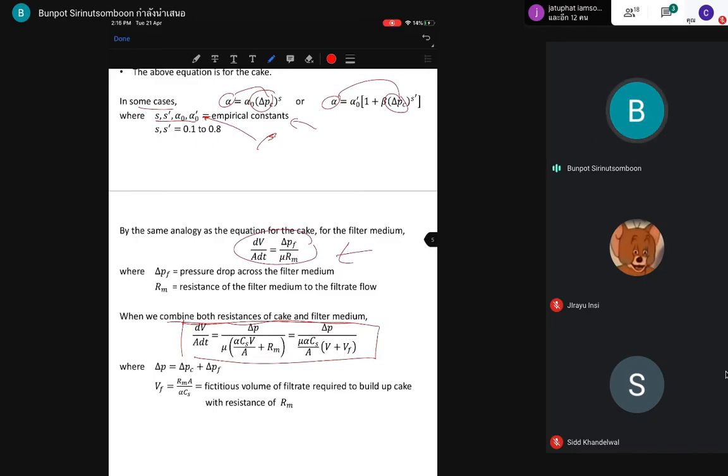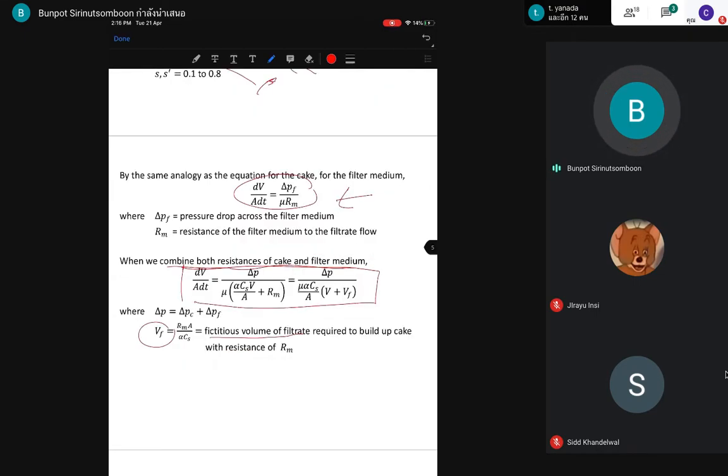There's also a fictitious volume of filtrate here, VF, which, as you can see, is related to the resistance in the filter. We're going to use this equation for our calculations for the filtration system.